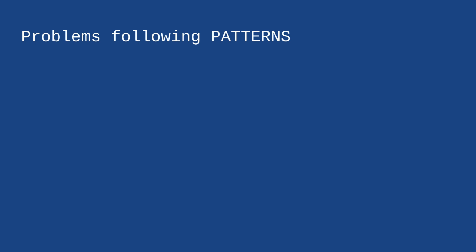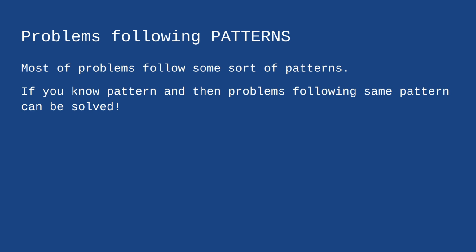If you do a careful analysis of problems, then we can see that problems can be categorized into different patterns because most of the problems follow some sort of pattern. What I really mean by this is, let's take an example. There are 10 to 15 problems that can be solved by a similar pattern.